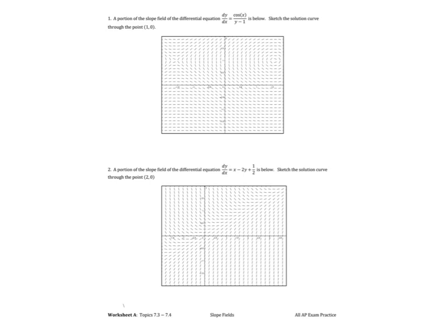And I went ahead and included it in the lesson so that we could get it right. It says a portion of the slope field of the differential equation dy/dx equals cosine x over y minus 1 is shown below. Do y'all see that one? Cosine x over y minus 1. Sketch the solution curve through the point 1, comma 0.